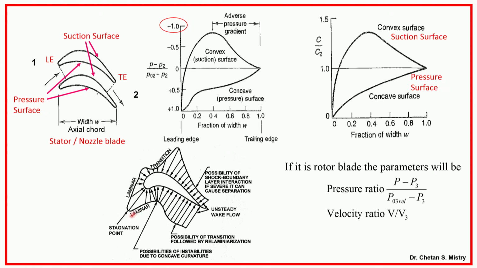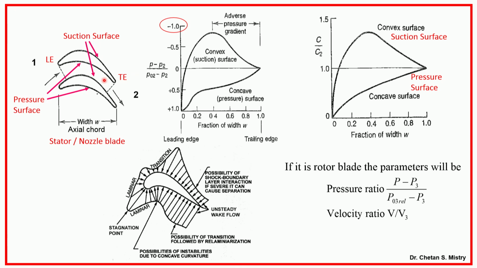Similarly, on the downside also I will have laminar flow and then transition. Now, since the area is lower here, my velocity is increasing.